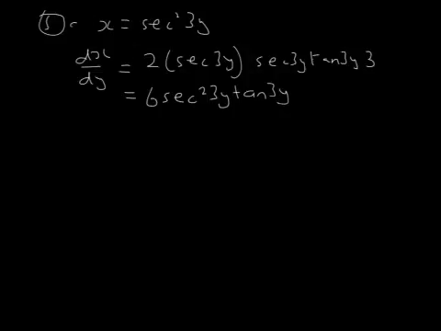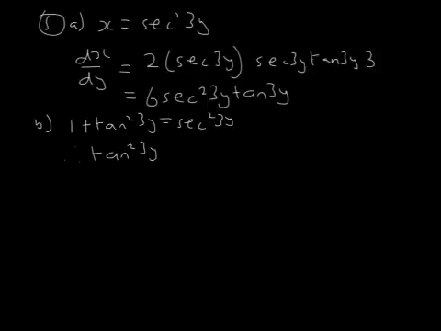That's part A done. And now in part B we need to get dy by dx in terms of x. Well, we know that 1 plus tan squared equals sec squared. So therefore tan squared 3y is sec squared 3y minus 1.